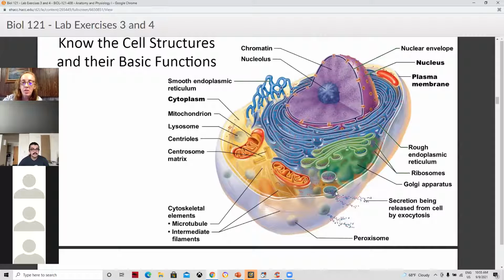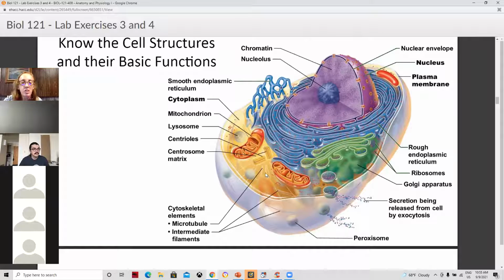So the first thing that we're going to talk about is the plasma membrane here. It goes around the whole cell. This is a boundary that demarcates the inside of the cell from the outside of the cell.